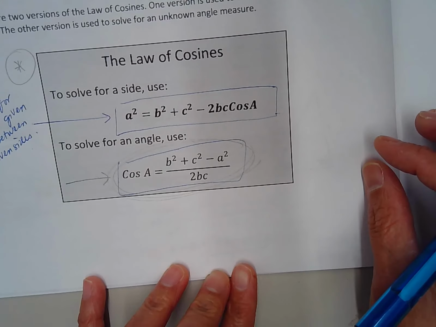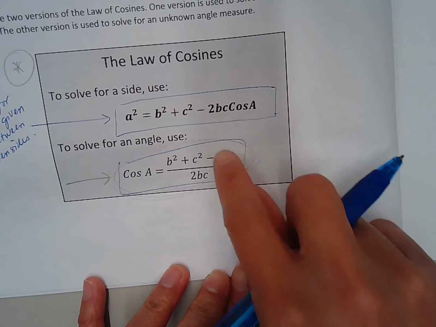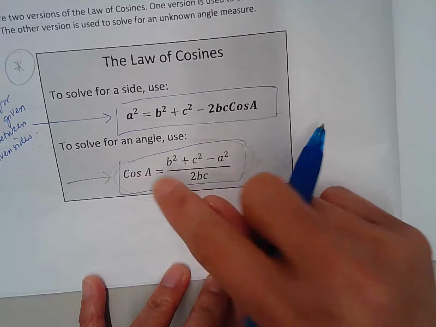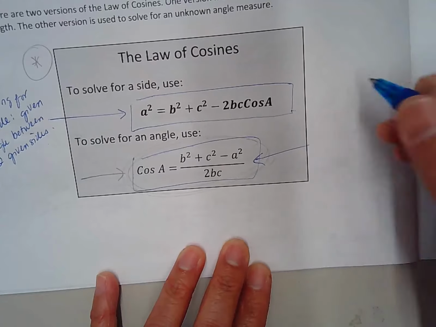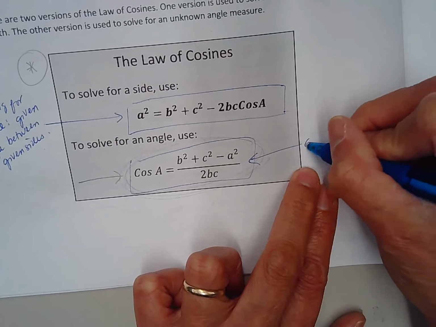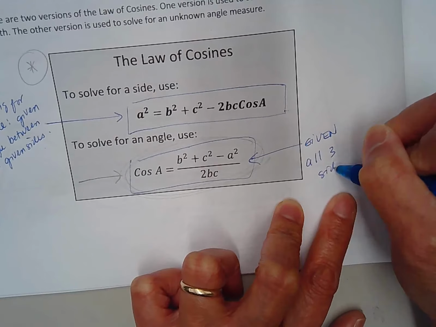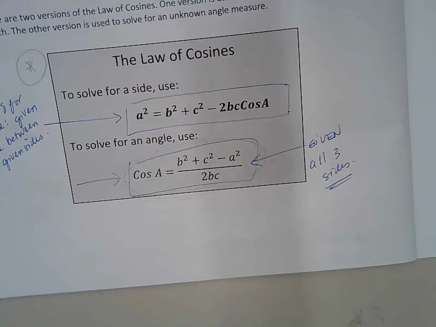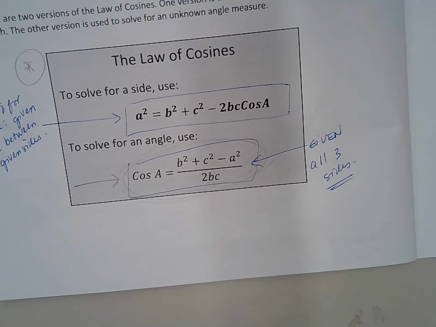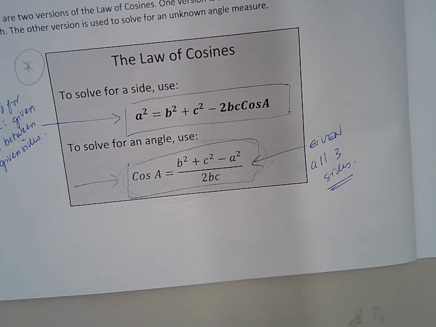We use this one only if you're given all 3 sides, and the only thing you can do is find an angle. I actually find the law of cosines pretty simple. It's not as bad as the other ones. Okay?